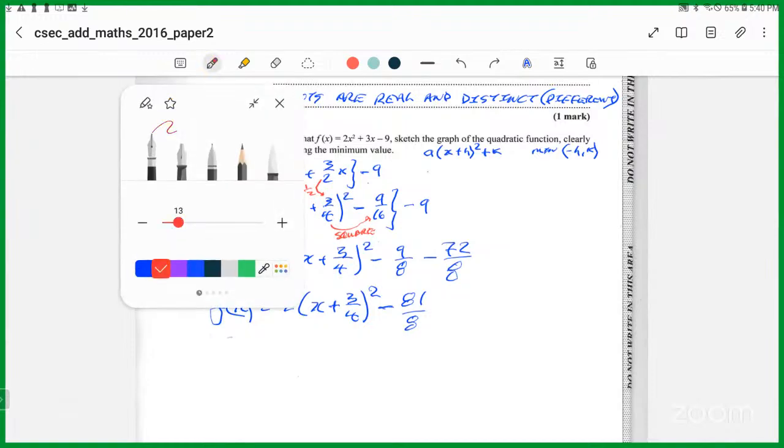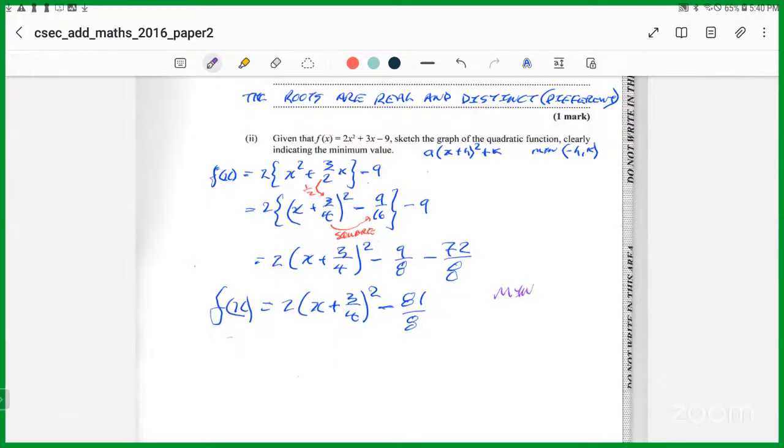Minimum point: just like I set up here, it's minus this value, because this is a plus and we have a plus here as well. So it's minus 3 over 4, and the y value is the k value, negative 81 over 8.